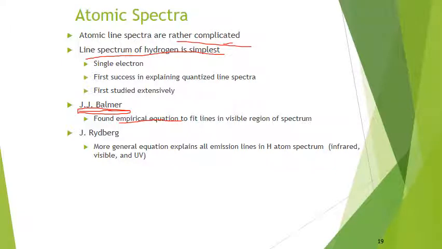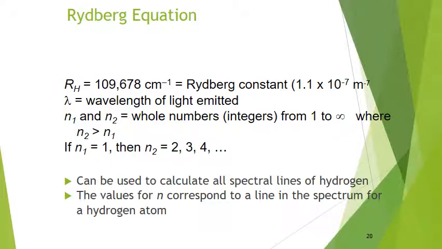And Rydberg's was the constant that we used. So we have Rydberg's equation, we have Rydberg's constant. These are the things that can be used to calculate the spectral lines of hydrogen and so forth. And we're going to do a couple problems.